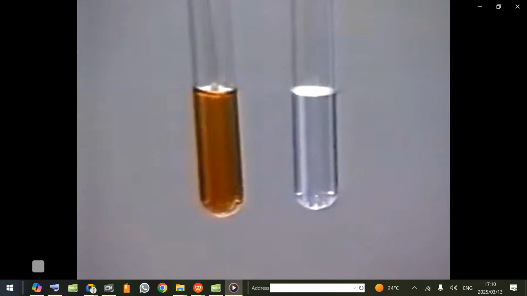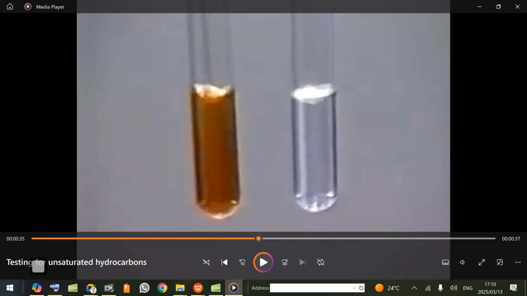Do you notice what's happening on the left side? The color remains. Do you see it remains brown? That is saturated.